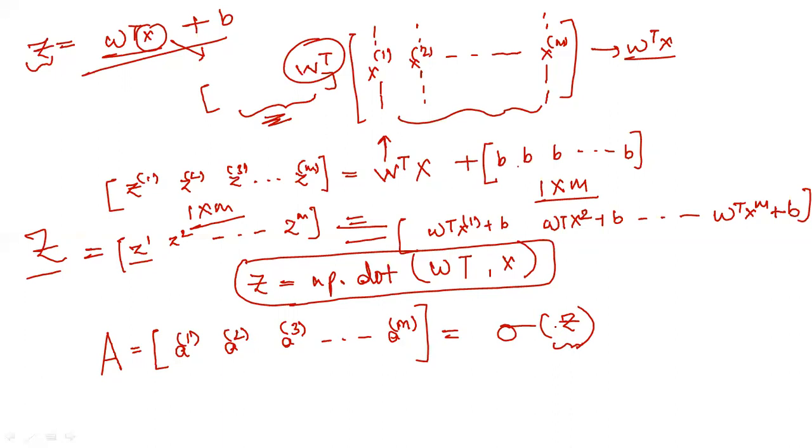So basically what you need to do here is apply the sigmoid to all the values in the output vector z, and you are allocating the result to this vector, which is ultimately denoted as capital A. So this is the vectorized operation that we are performing here.